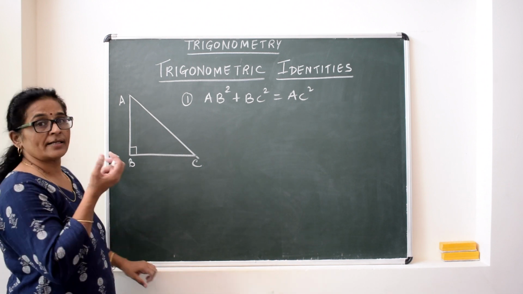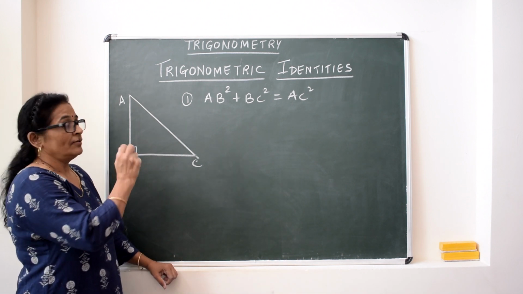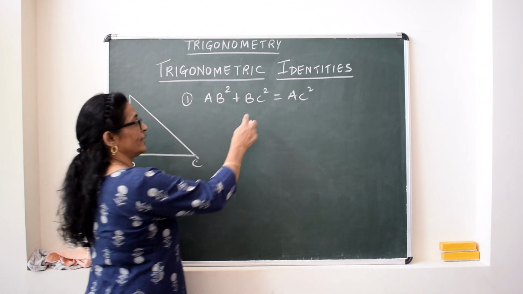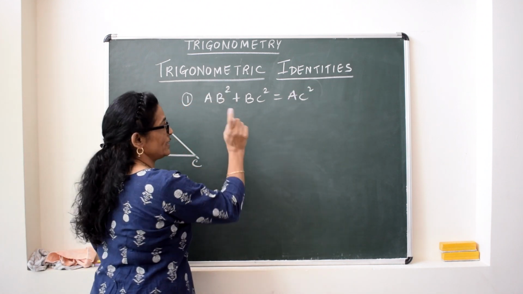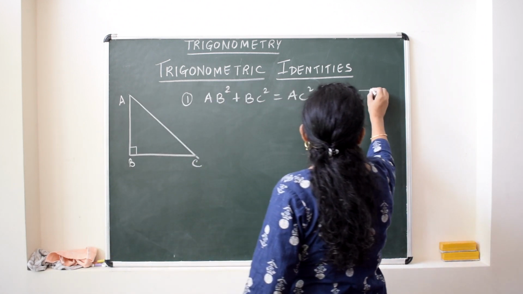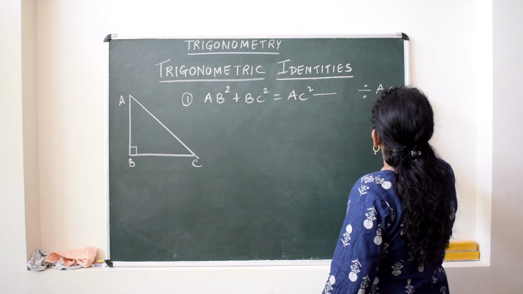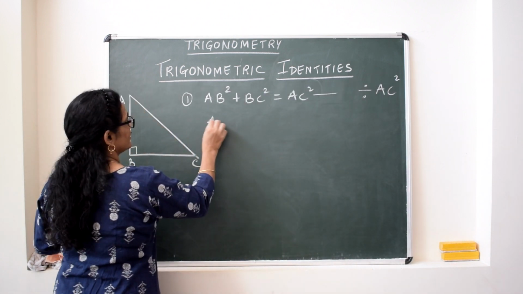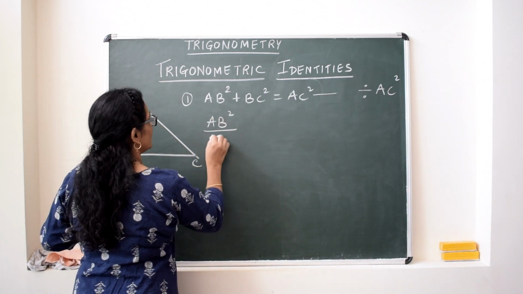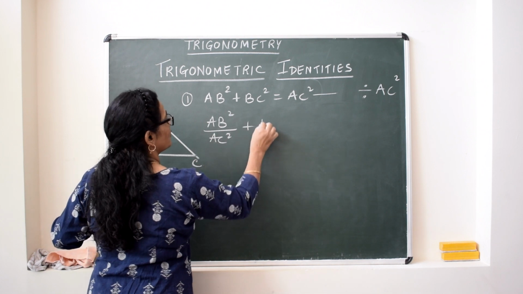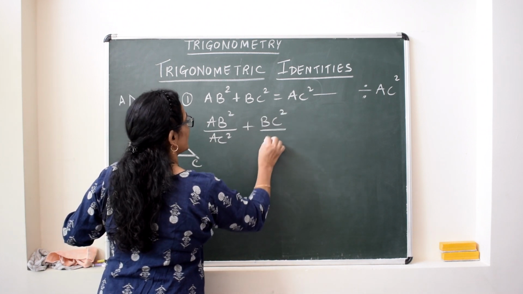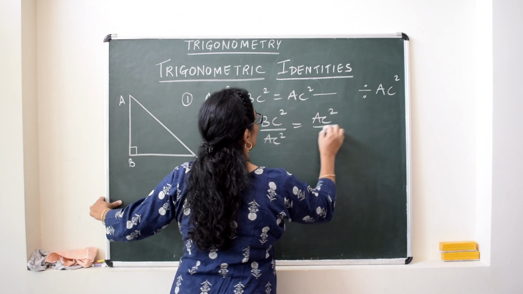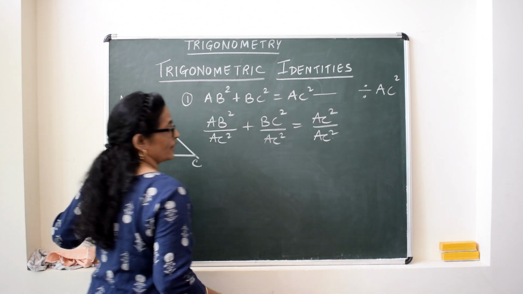One side at a time we will take and we'll divide the whole equation by the square of that side. So first we are taking AC square. It means this equation we are dividing by AC square. So this will be AB square by AC square plus BC square by AC square is equal to AC square by AC square.